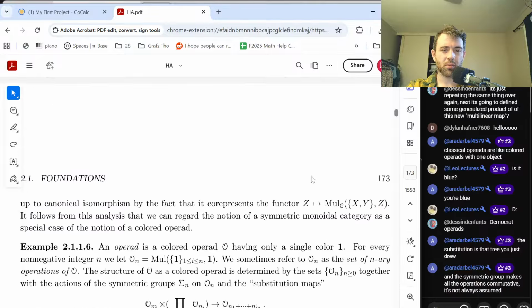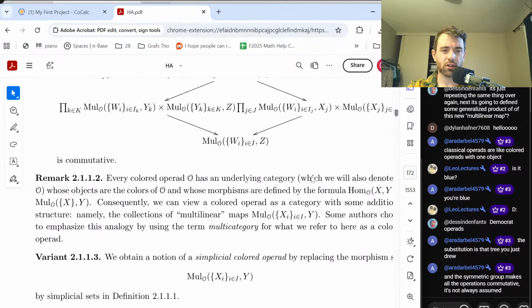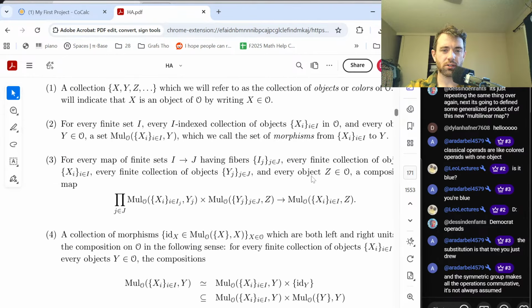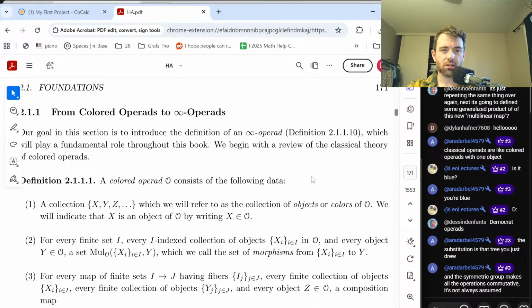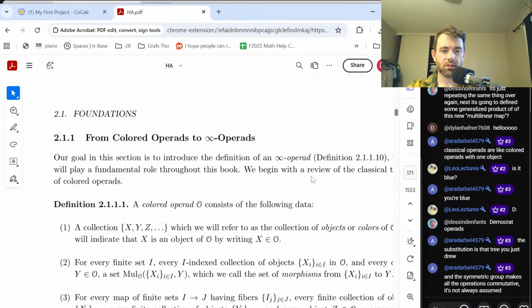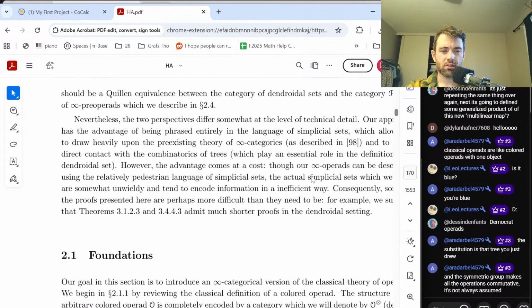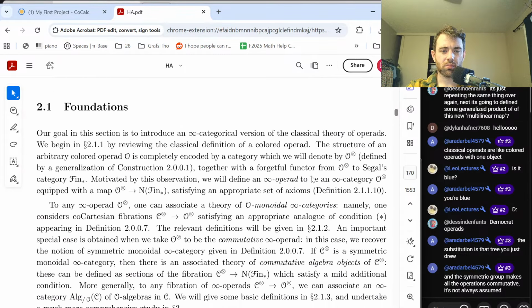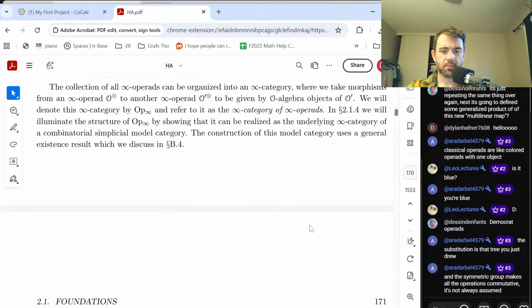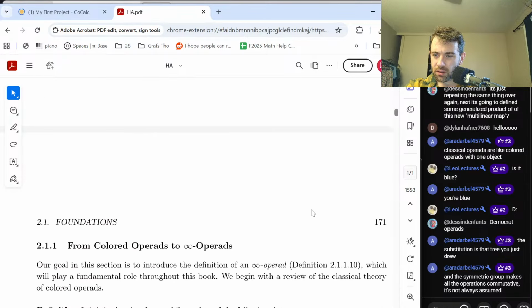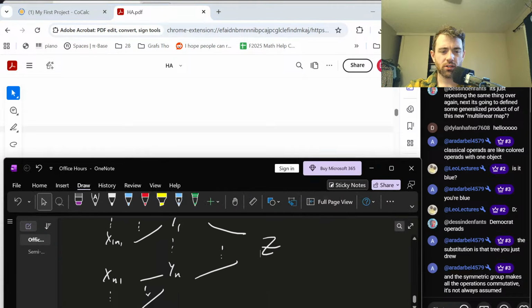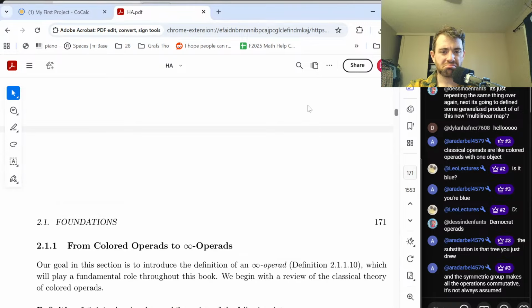Okay. Oh, I mean, maybe substitution maps was defined earlier for colored operads. Maybe. The substitution is the tree that I just drew. That's it? Okay.